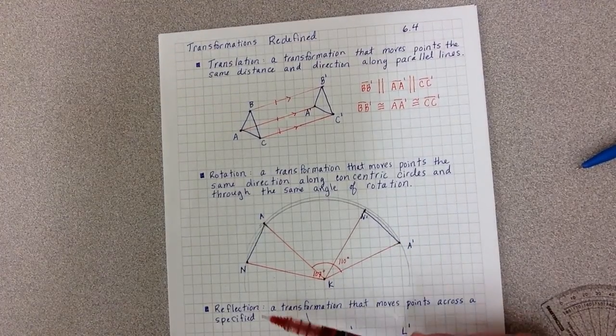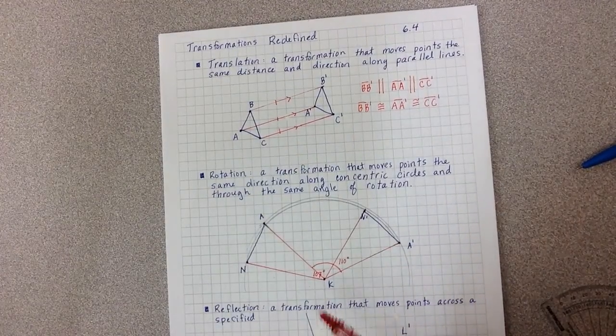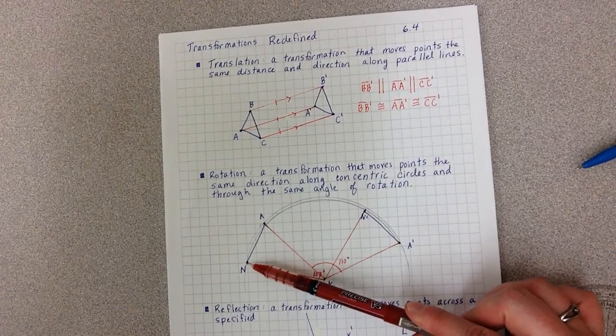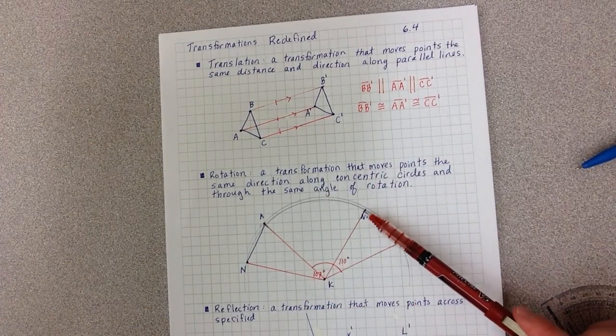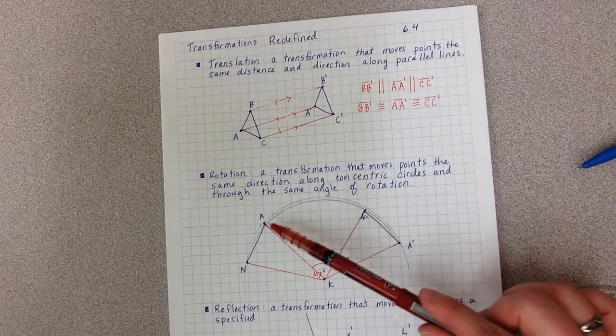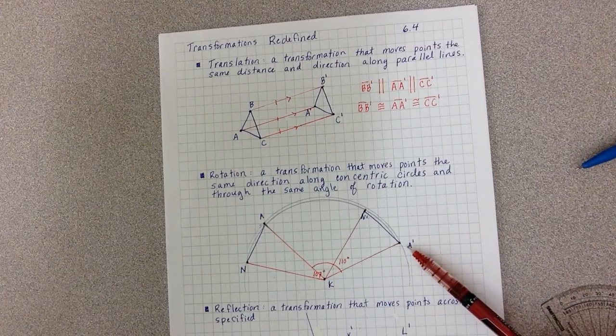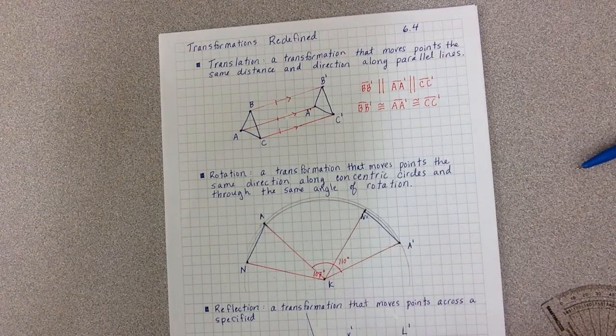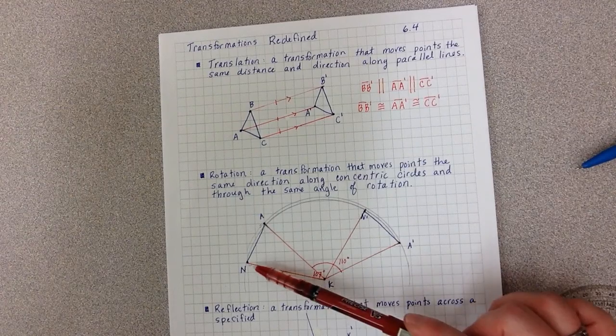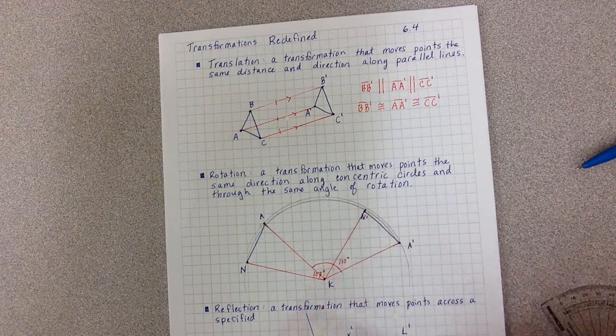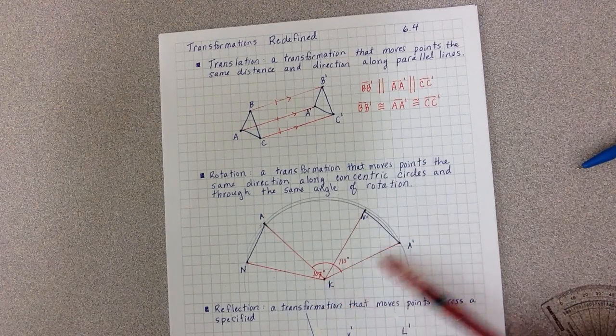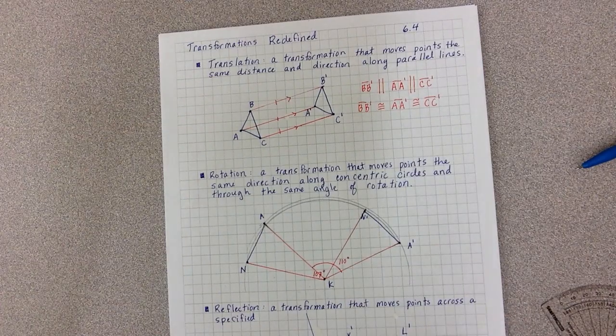So we can see that that's what the definition of a rotation is. It took N and moved it to N prime along a circle, took A and moved it to A prime along a concentric circle, both with center K, and the angles formed by N, K, N prime and A, K, A prime are the same, or close to the same.